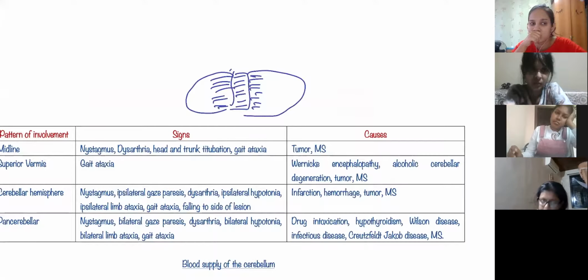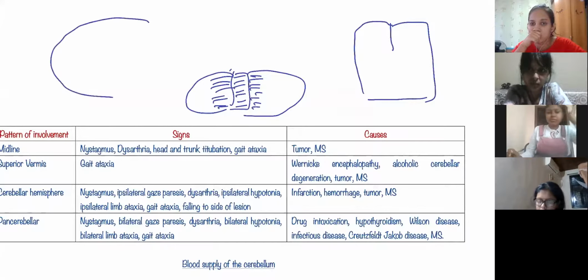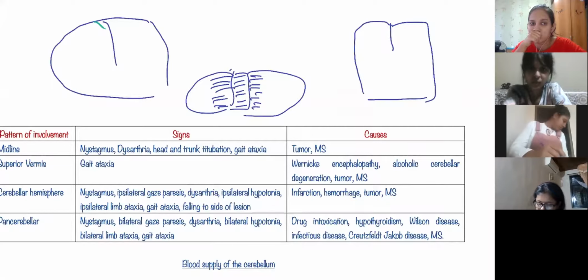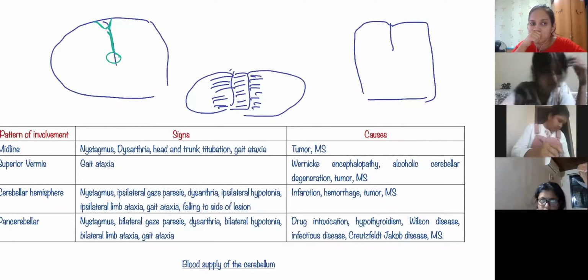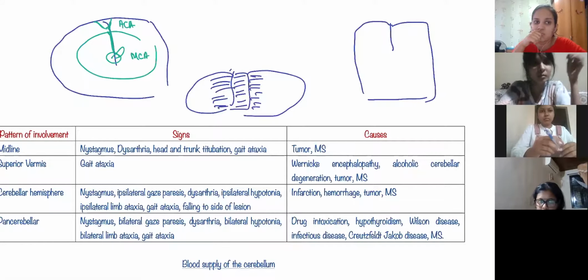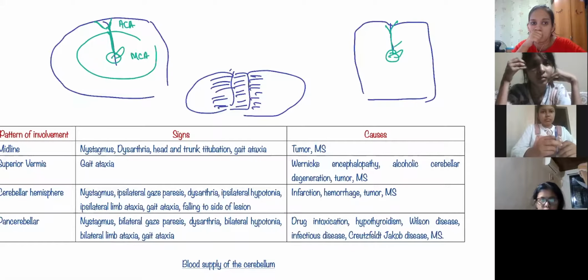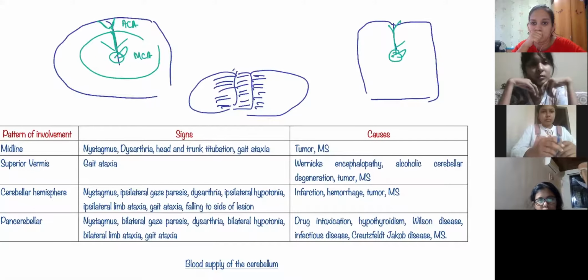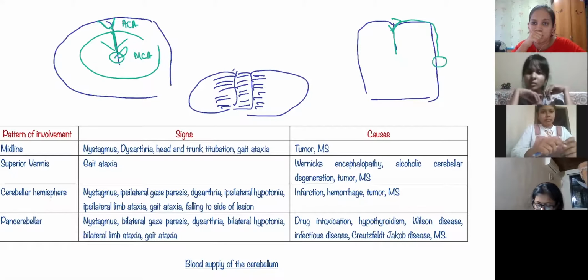Similarly, in the cerebral cortex, even if I draw it from the front or from the side, remember these two homunculus structures, MCA, anterior cerebral artery, legs. It's an upside down man basically. Remember this. Actually, for this one, the image is legs here, body here.